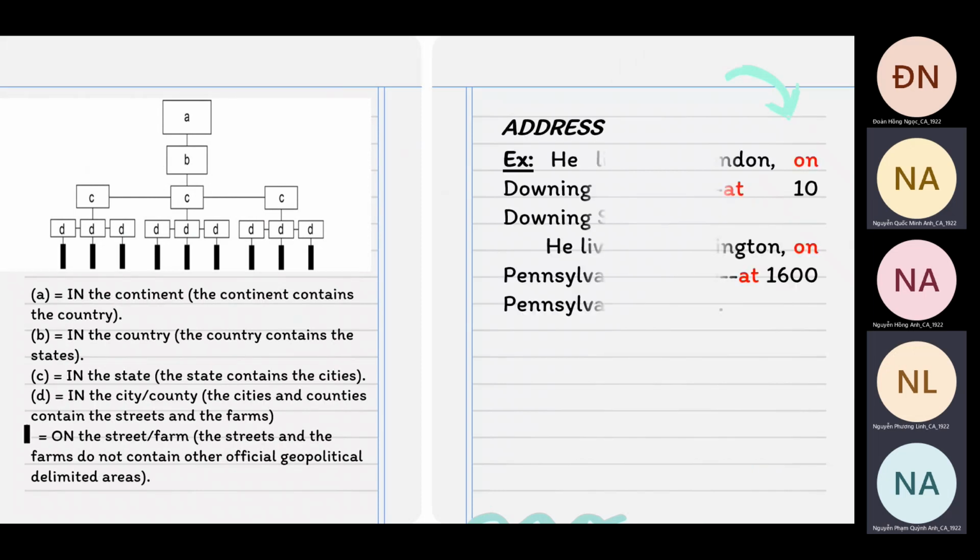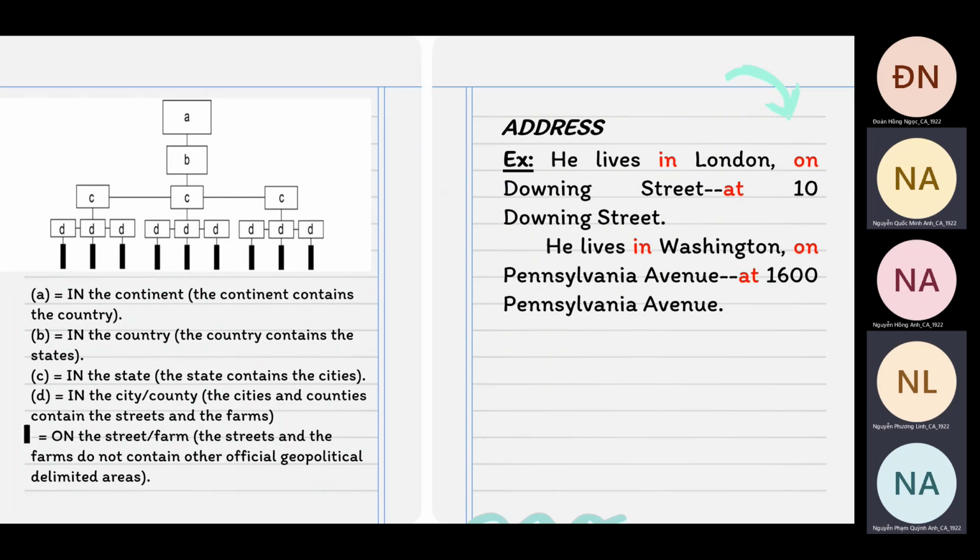So this is a hierarchy that shows how the prepositions in and on are related in a particular group of situations. Take, for instance, the geographic urban and the geographic rural context. As we can see, we use in for the continent.